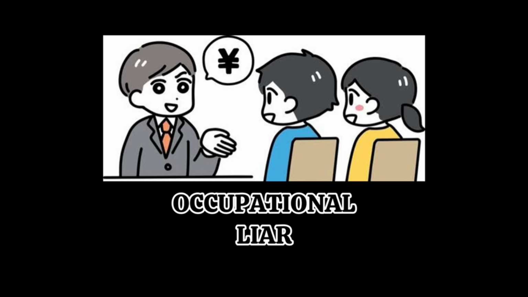For example, Lisa, a salesperson, exaggerated the benefits of her products to get a sale. So, niloloko ni Lisa yung mga customer. Not actually niloloko, pero yung mga sinasabi niya is dinadagdagan niya para makapagbenta siya ng products niya. That is a sample of occupational liar.